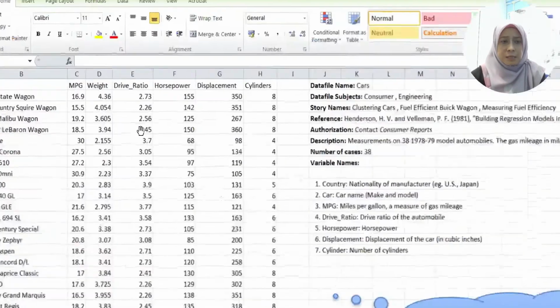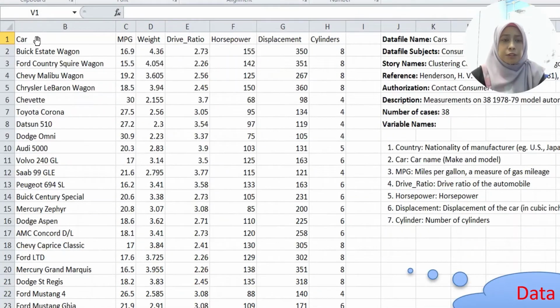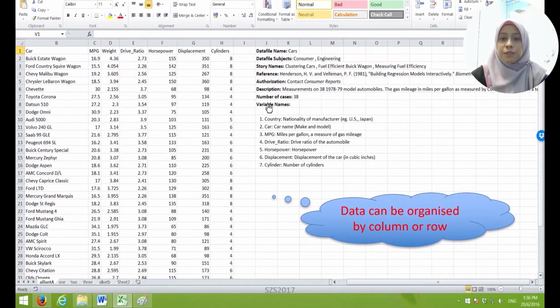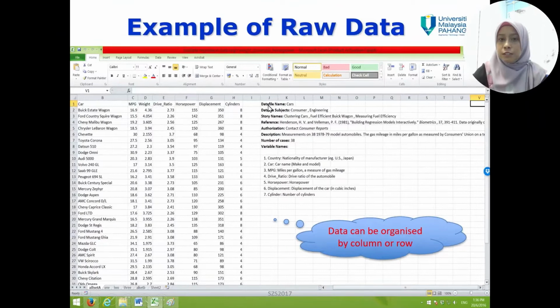In this example, you can clearly see that variable car has non-numerical data values, so car is a qualitative variable. Variable cylinders has numerical data values. Therefore, variable cylinder is a quantitative data.